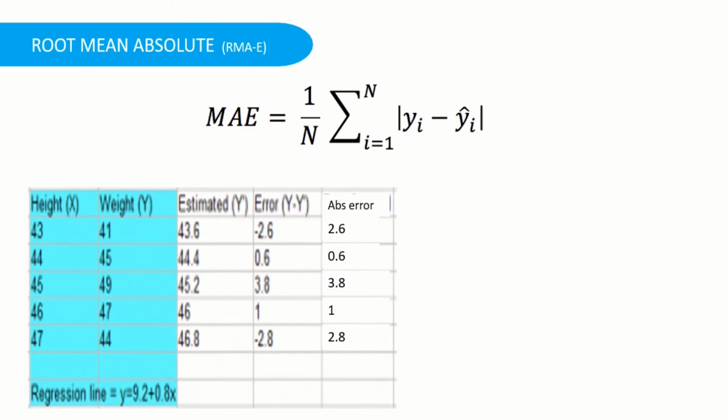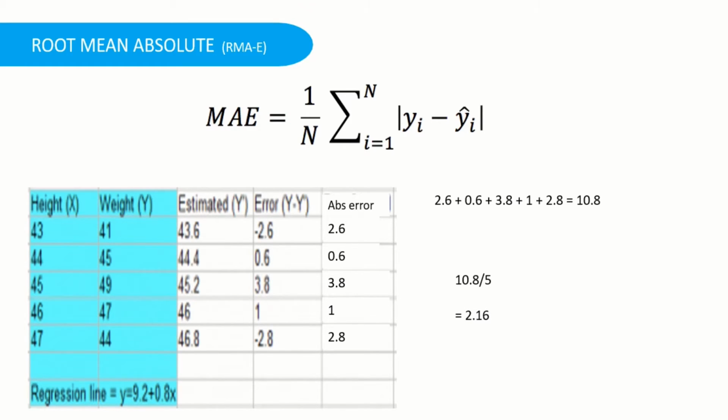Let's take the same example, with the height of children and the weight corresponding to the height, and these are the estimated values. Then the differences are this, and the absolute error is nothing but the modulus of this value. We do the summation of the same, and then we calculate the mean. So this is the root mean absolute error.